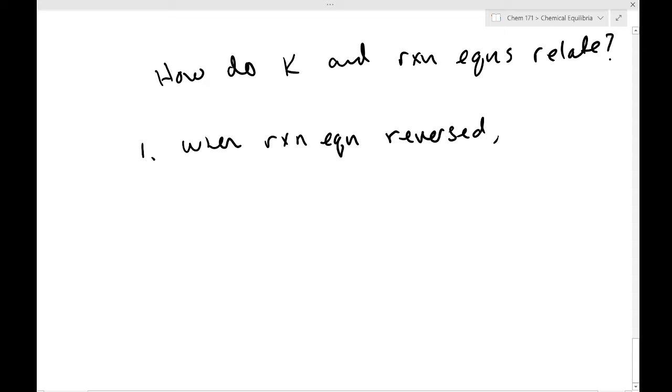When the reaction equation is reversed, K is inverted. This makes sense if you think about it.